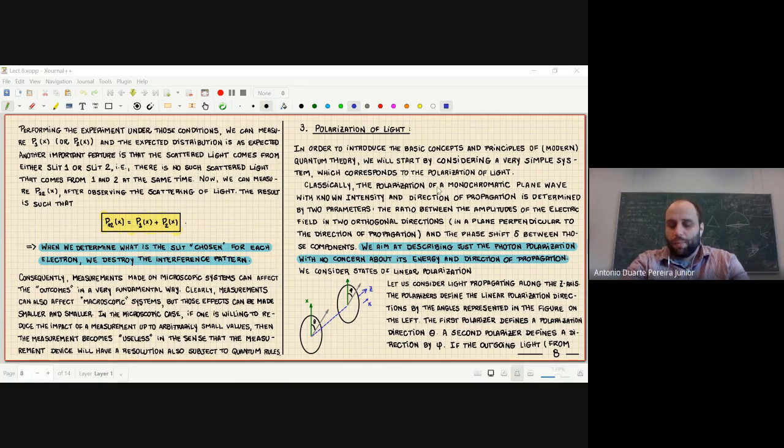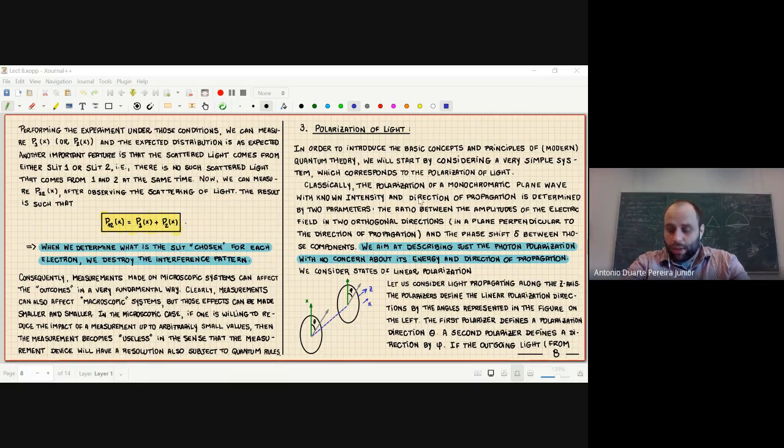So I mean that I have some light beam with a well-defined frequency or wavelength. I don't have a superposition of several different wavelengths and frequencies.